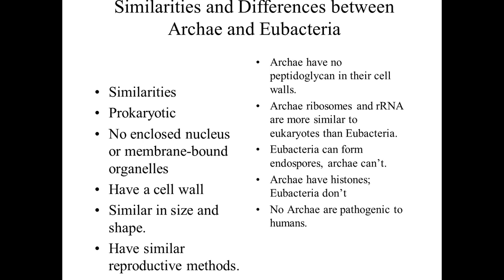Archaea also have histone proteins. Eubacteria don't. What are histones? This is something you need to know. Something we haven't talked much about. Yeah, they're proteins that the DNA winds around, and it helps to organize the DNA, especially when the DNA is trying to become a what? Chromosome.